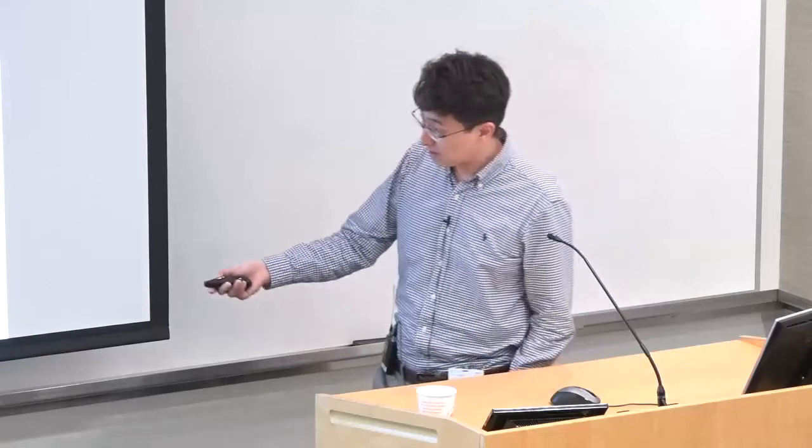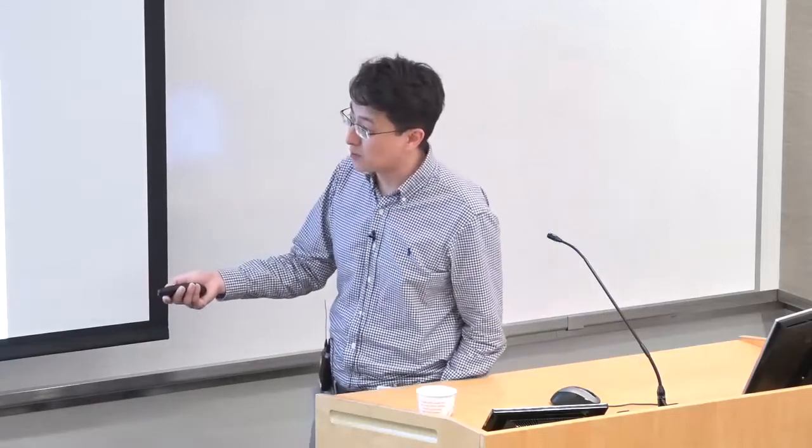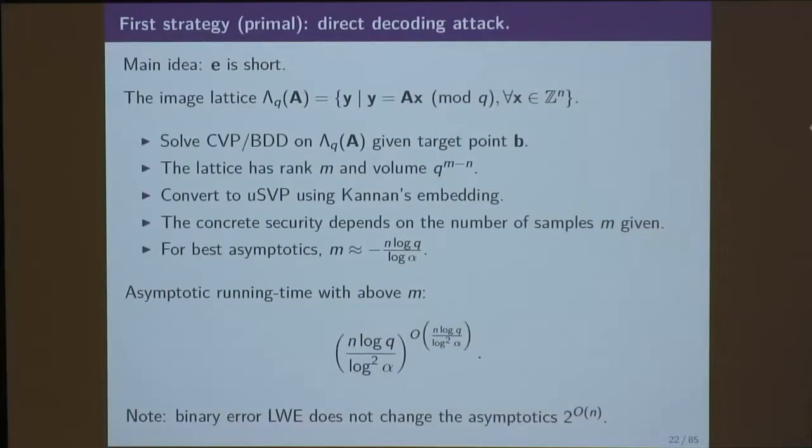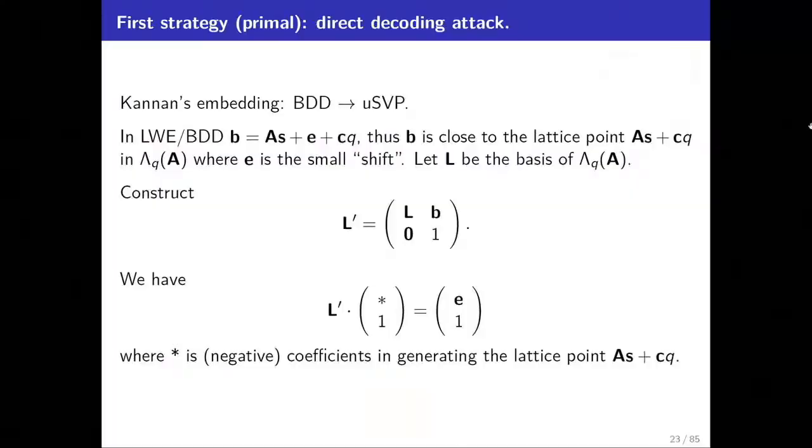From this, we can already recover the argument that I mentioned before. If the error and the secret are really, really small, the asymptotics of a lattice algorithm are still fully exponential, simply because as long as q is polynomial, this thing has the same form. It won't change the asymptotics. So binary error LWE does not change the asymptotics. However, the concrete security could change, of course.